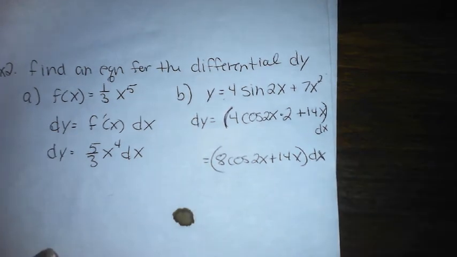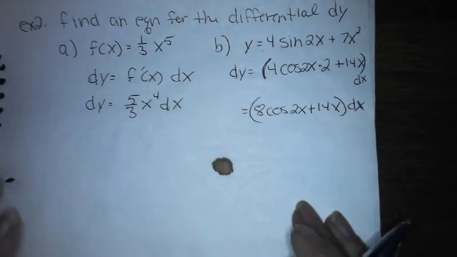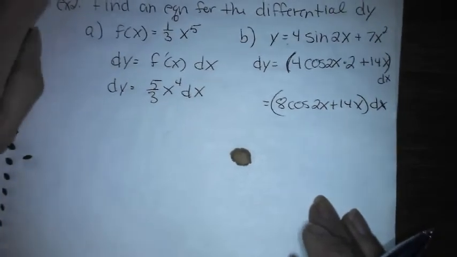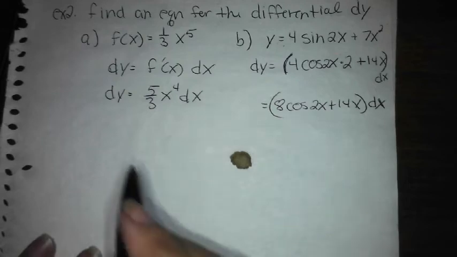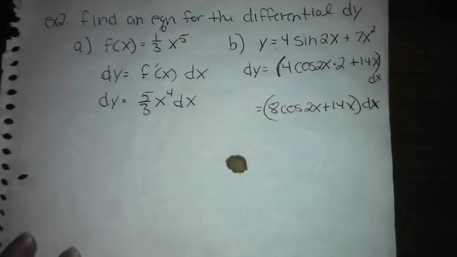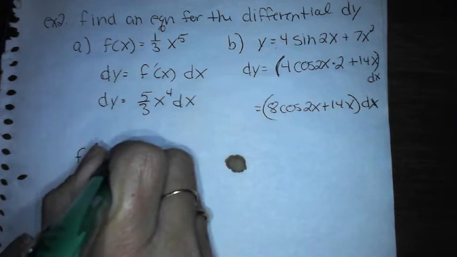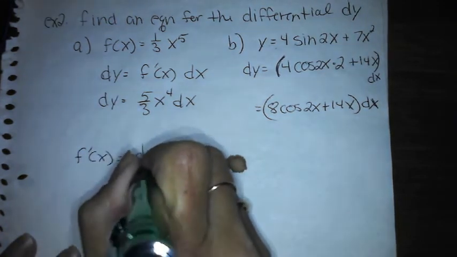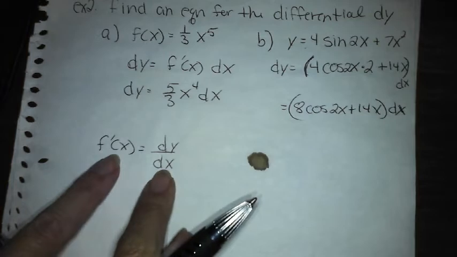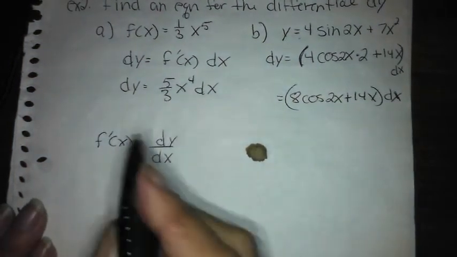Okay. And then the last thing we're going to do is go backwards. So, remember our notation for, well, maybe you don't remember because I didn't make you write it down, but another notation for f prime of x was dy over dx. These are equivalent notations. So, keep that in mind as we do the next one.